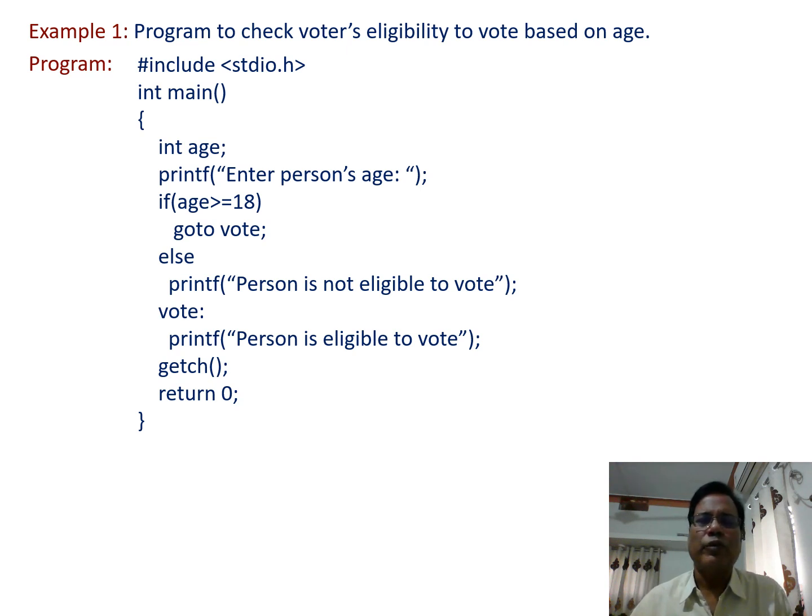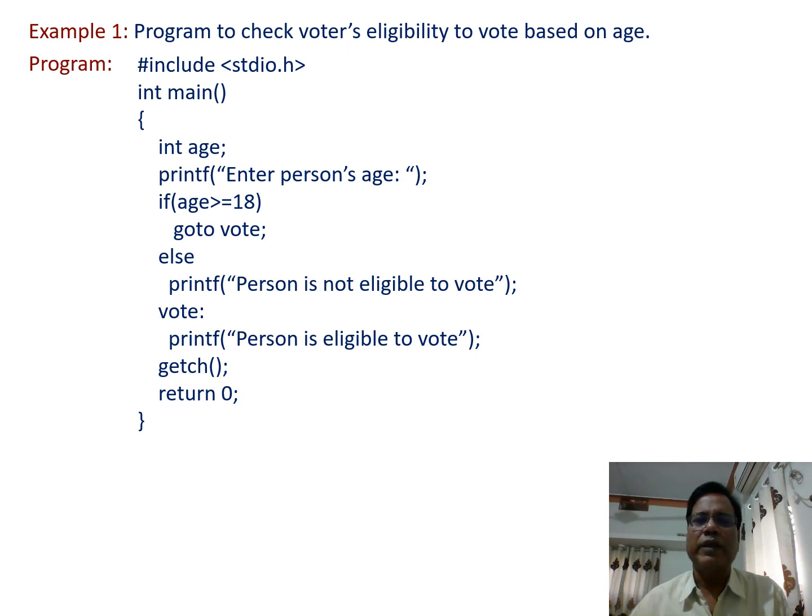The first statement includes the standard input output .h file. Then within the open and close braces of the main function, the first statement is int age, and using this statement we declare a variable age of integer type.